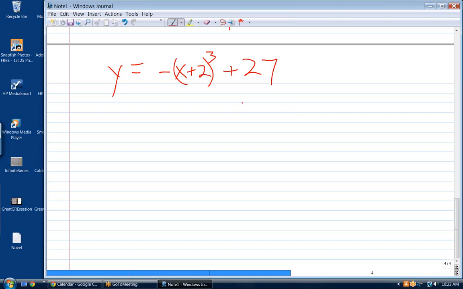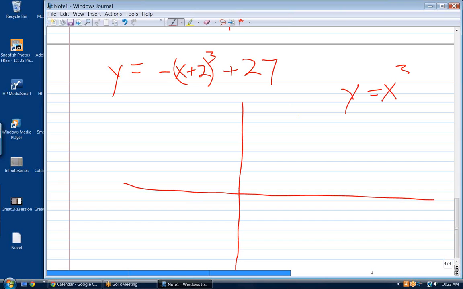Okay. First of all, do you know how to graph y equals x cubed? Yeah. Let me draw this in a dotted line here. It looks something like that.